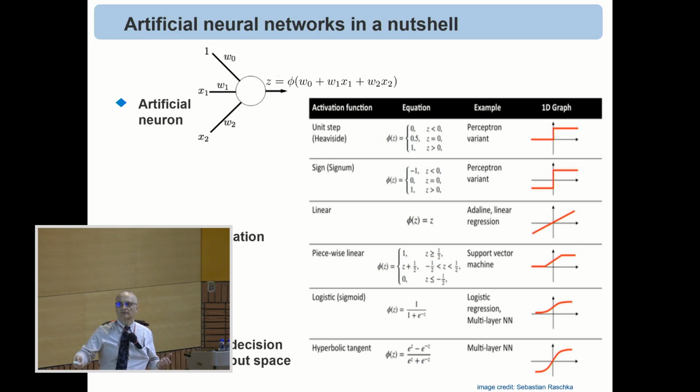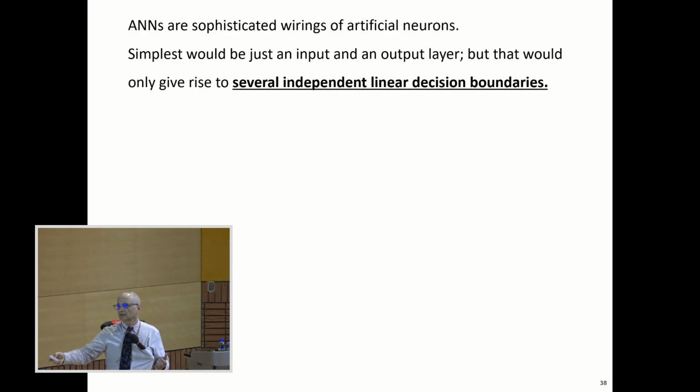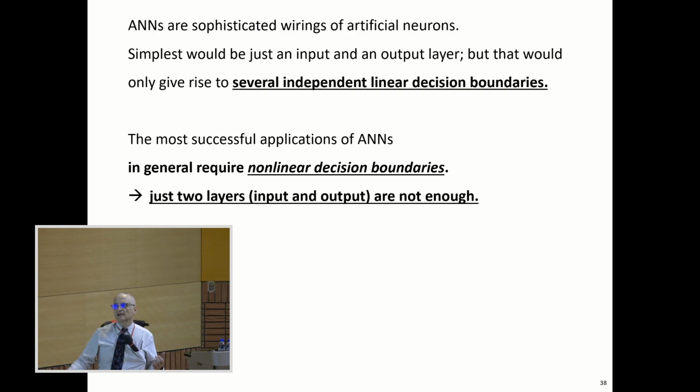You get the input vector, you multiply it by some weighting factors, and you get an output given by an activation function, which you need to choose. Essentially, at the end you want to have some decision boundaries. You need to be able to classify, to separate different groups, and in general they require nonlinear decision boundaries.